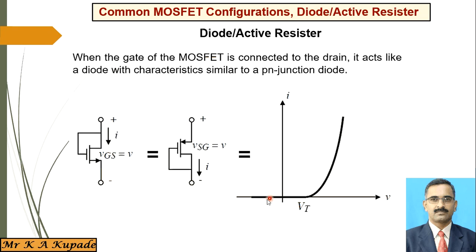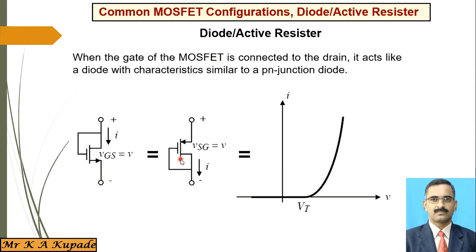See here, initially the voltage is zero as well as the current is zero, but when you apply a negative voltage, a reverse condition is there. Now as the V voltage increases towards the positive and reaches the threshold voltage of the MOSFET, that means the gate to source voltage reaches the threshold voltage, there is a sudden increase in the current.